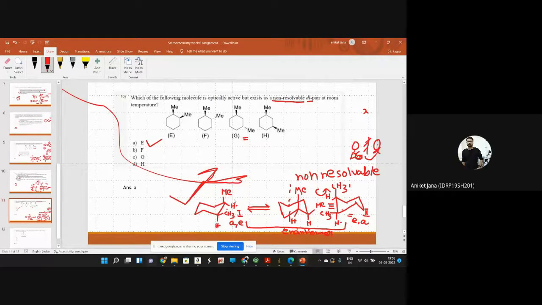At room temperature, one is converted to the other, so there is always a dynamic equilibrium between these two enantiomeric forms. And this is only possible because we are getting this just by flipping this structure and giving a 120-degree rotation.